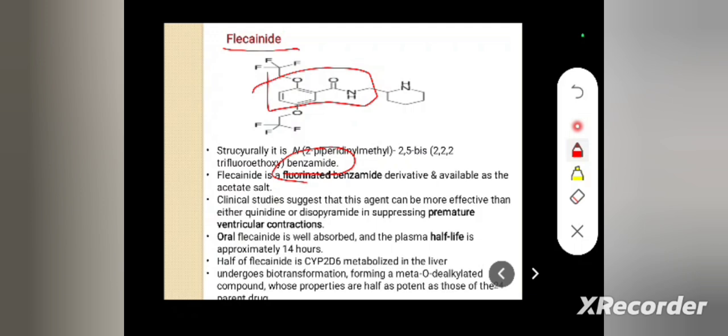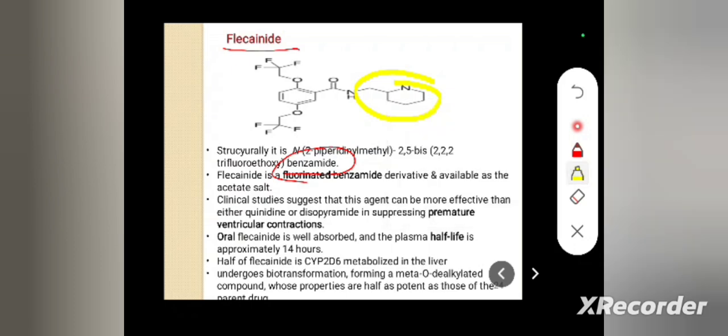On the aromatic ring there is a 2,5 substitution, that is the trifluoroethoxy substitution, and on the nitrogen there is the 2-piperidyl methyl substitution. So remember, flecainide is also a benzamide derivative.